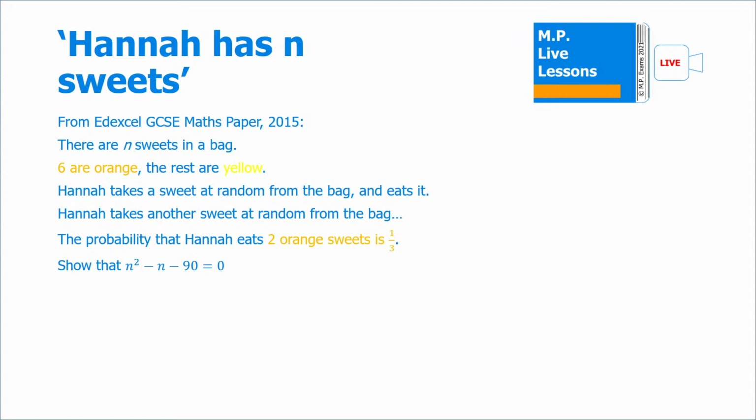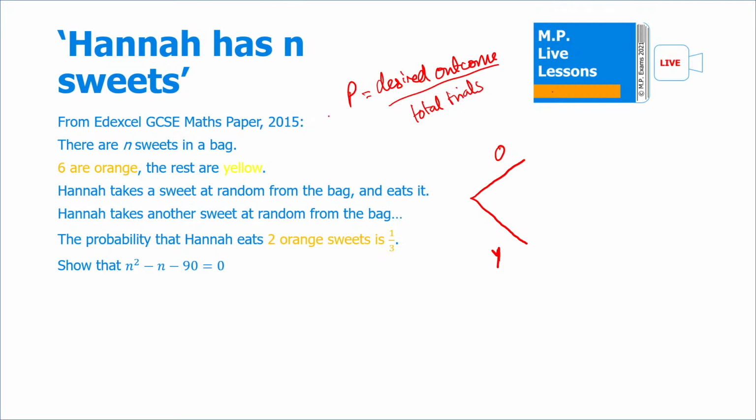So what we do is first draw a tree diagram. So we draw a branch going to orange and the one going to yellow. So then we know the probability of something happening is what we want to happen divided by the total trials. So that would be how many sweets we want to pick out divided by how many in total there are.